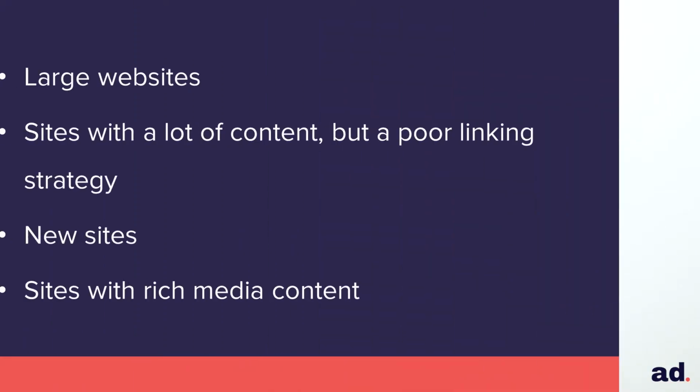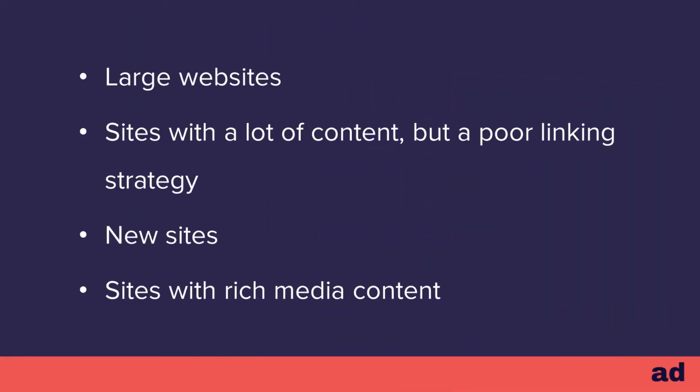These are large websites, sites with a lot of content but a relatively poor linking strategy, new sites, and sites with rich media content. Remember, a sitemap poses no risks to you and your site's SEO, only benefits. Google states that although it cannot guarantee its bots will crawl and read a sitemap, you will never be penalised for the inclusion of one.